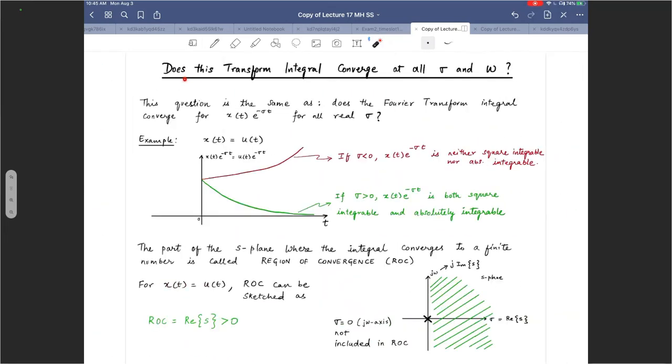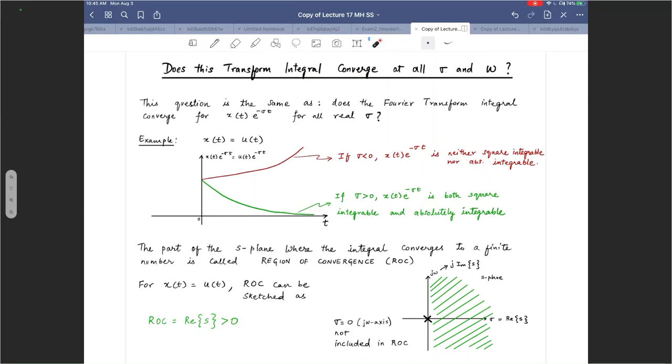So the next obvious question is, if I chose sigma to be a real positive number, will it converge or not? A more generic question would be, does this transform integral converge at all sigma and all omega?